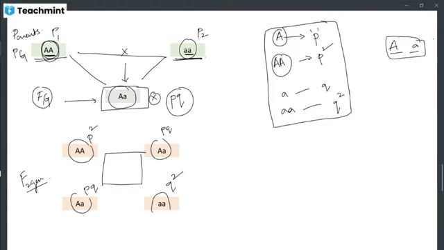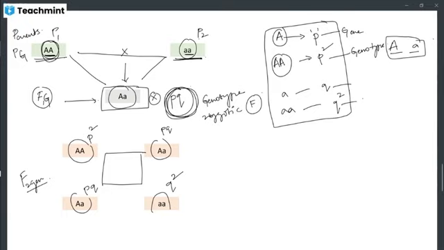We also assumed this would be the gene frequency and this would be the genotype frequency. Same applies here. Does PQ indicate a gene frequency or genotype frequency? Genotype, which is also known as zygotic frequency.